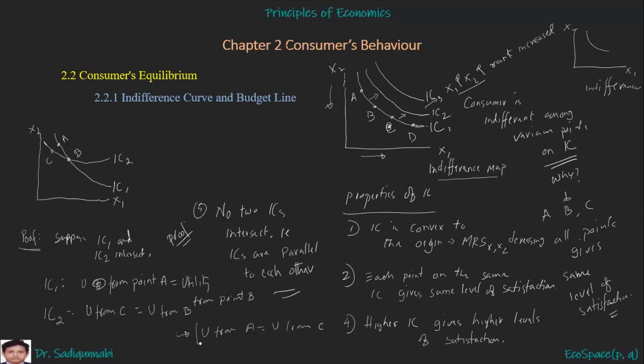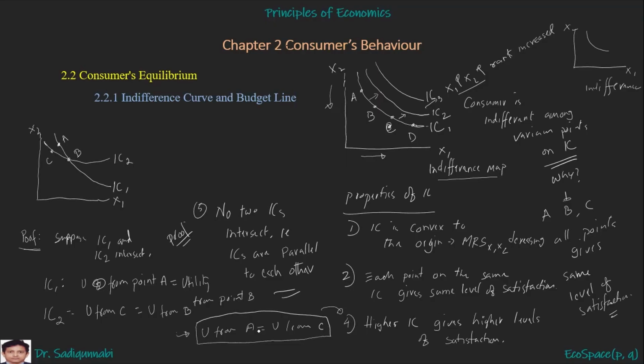But notice that this violates one of the properties. What is the property? Property number 4 says that a higher IC gives higher levels of satisfaction. So obviously C is on the lower utility curve and A is on the higher utility curve.